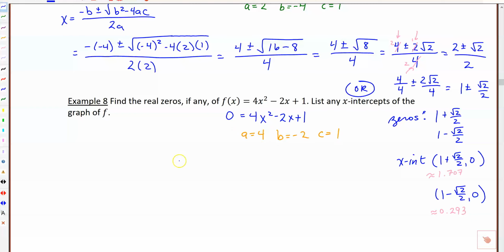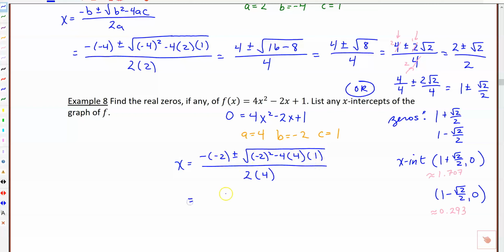So putting that in my quadratic formula, I'll get x is equal to negative negative 2 plus or minus the square root of negative 2 squared minus 4 times my a, which is 4, times my c, which is 1, all over 2 times 4. So we'll start cleaning that up.